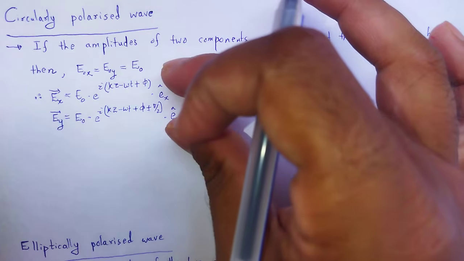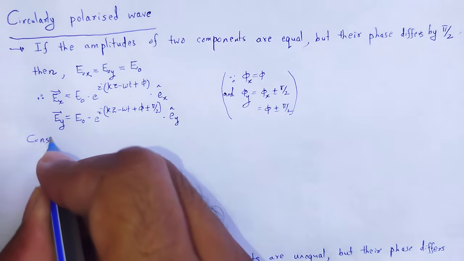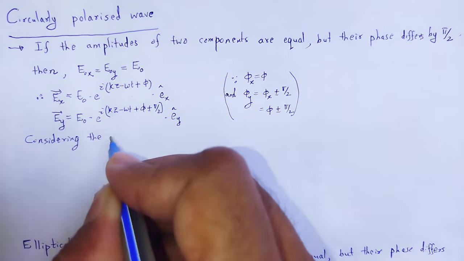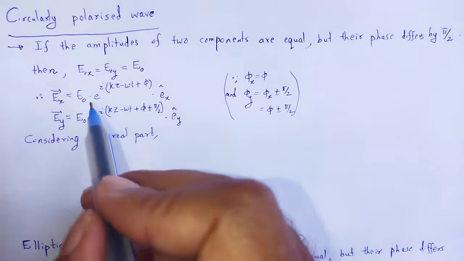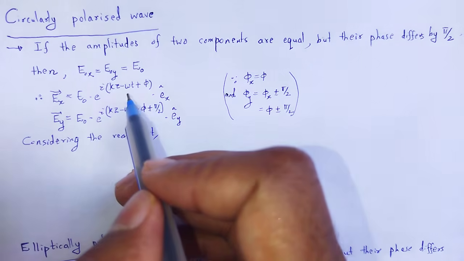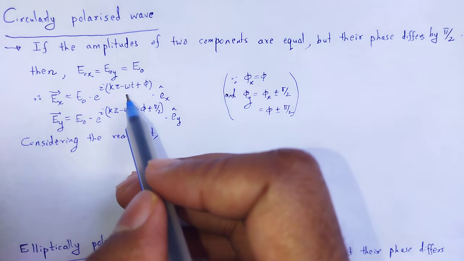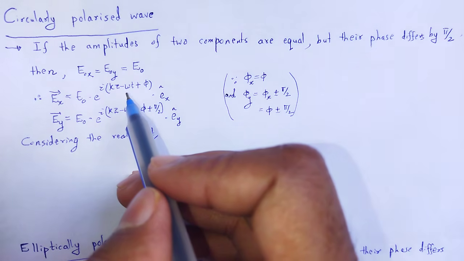Then we consider the real part. e to the power i theta is cos theta plus i sin theta. So, cos theta is the real part and sin theta is the imaginary part.